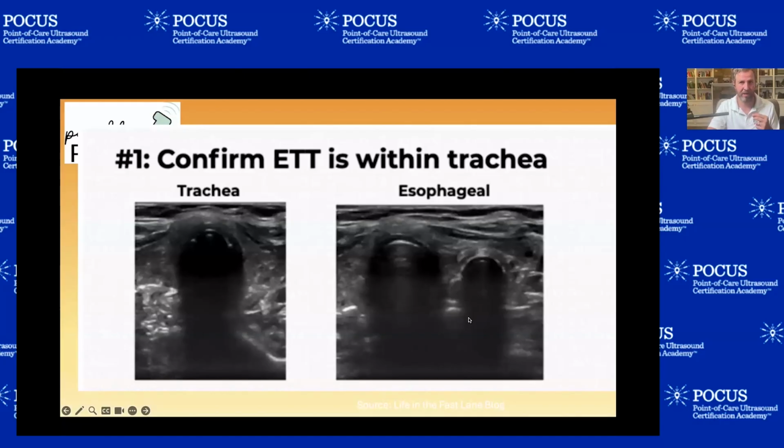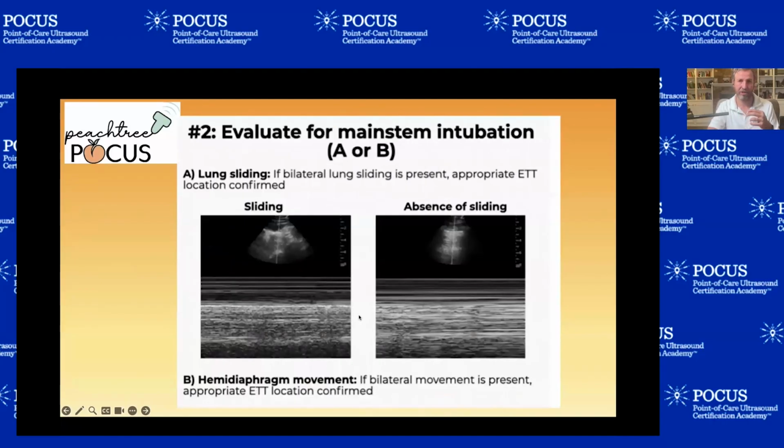That's how it can guide intubation. This can be done dynamically, where you're seeing something go through. Personally, I do this more statically, where the intubation happens, and then I look with the ultrasound in real time and make sure that it looks like this, and not like this. The next thing I mentioned is looking for lung sliding. You can look for lung sliding on both sides and look for diaphragmatic excursion as well. That's how it can guide intubation.